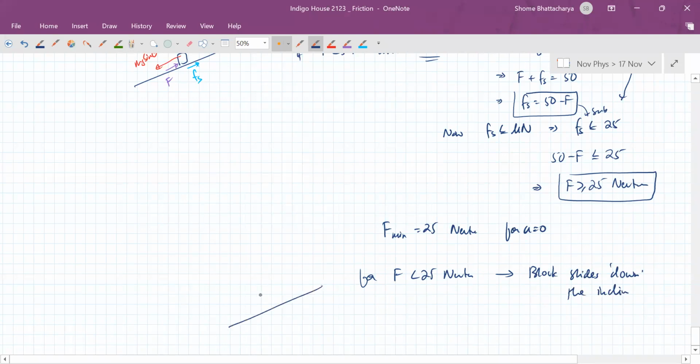Because in this case, what will happen then is that in spite of this force, there will be a kinetic friction of this much acting. The block will accelerate.